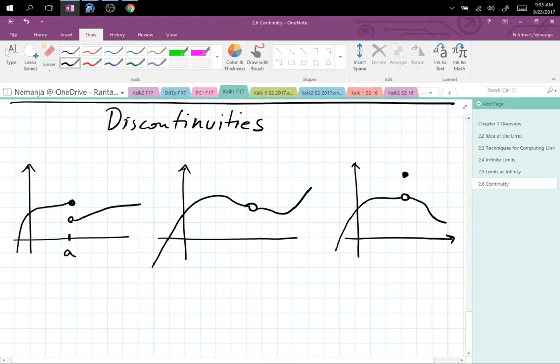So this is A, this is A, this is A. It does not take a nuclear physicist here to see that all three of these are discontinuous, right? I just want to know, out of three rules, which one fails for each one of these pictures.